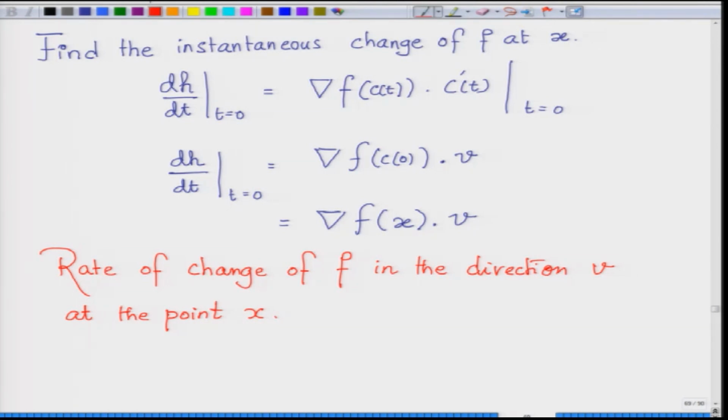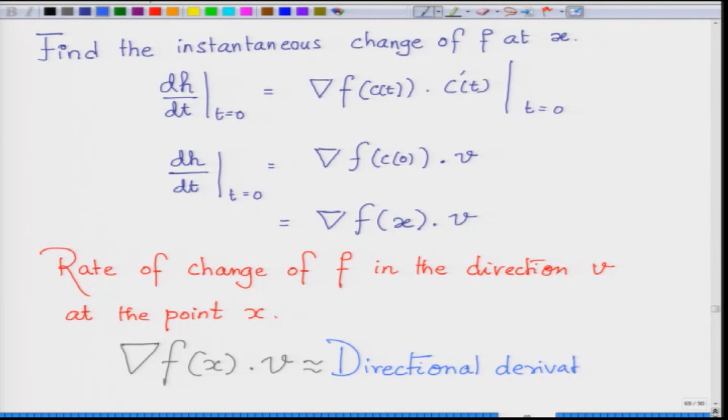So, this thing, grad f of x dot v, is called the directional derivative of f at x in the direction v, or along v.